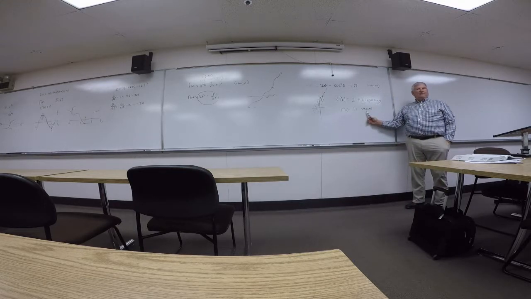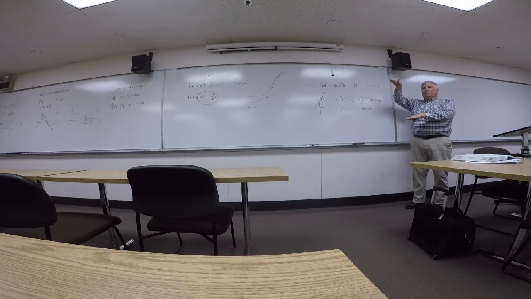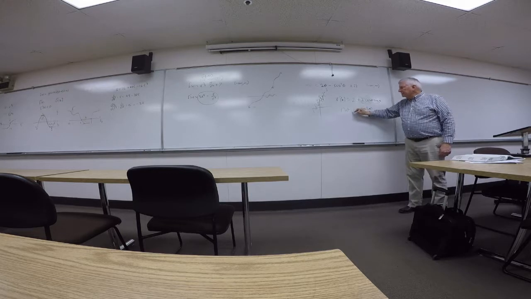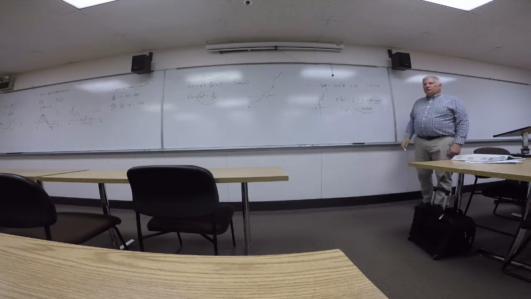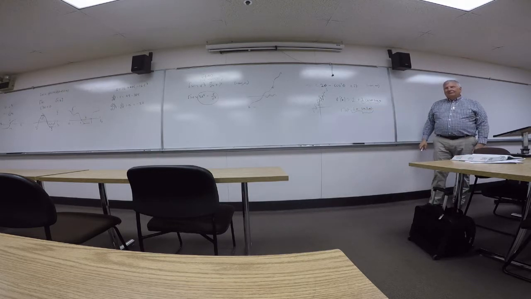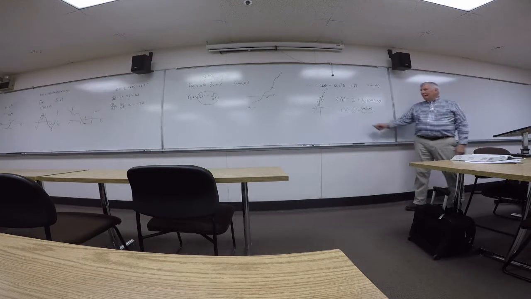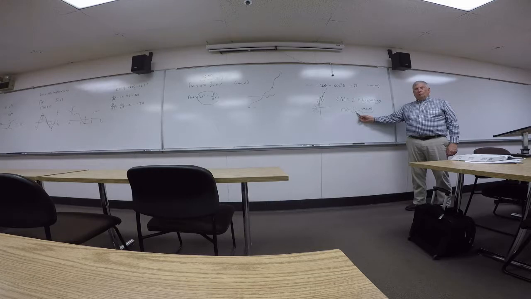R prime of theta equals 2 plus sine 2 theta. What is the range of sine of 2 theta? What is the range of sine? It is cradled between plus and minus 1. So this is cradled between 1 and 3. Minus 1 gives you the lower end, 1.